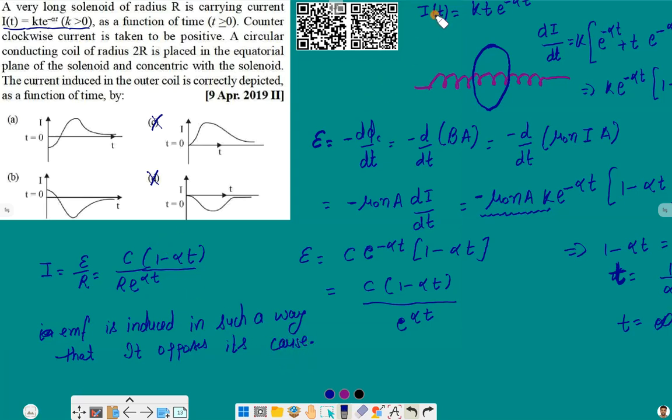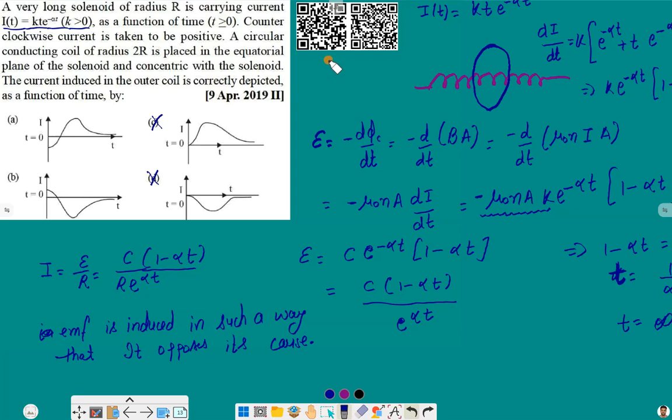Means if the current through the solenoid is increasing, then the induced current will be opposite of that. That means it will be decreasing, or it will have the negative sign. Actually, we can say if our current is increasing, is positive, then the induced current will be negative.